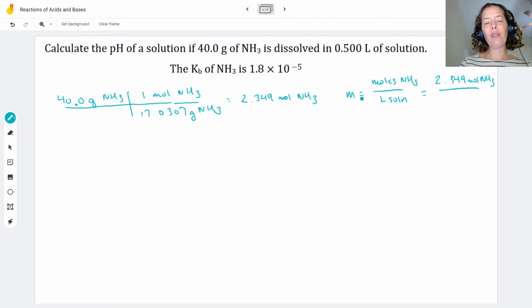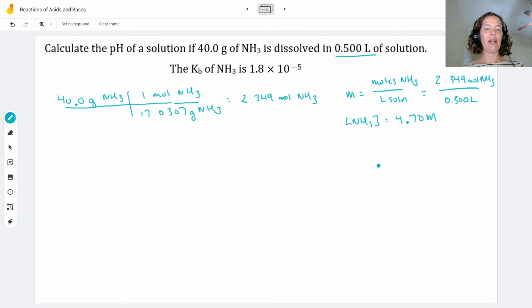Now we need our liters of solution, so let's go back to our problem. You can see it's dissolved in 0.500 liters, which means our concentration of ammonia is, let me find that calculation, there it is, 4.70. Again, that's concentration, that is molarity.